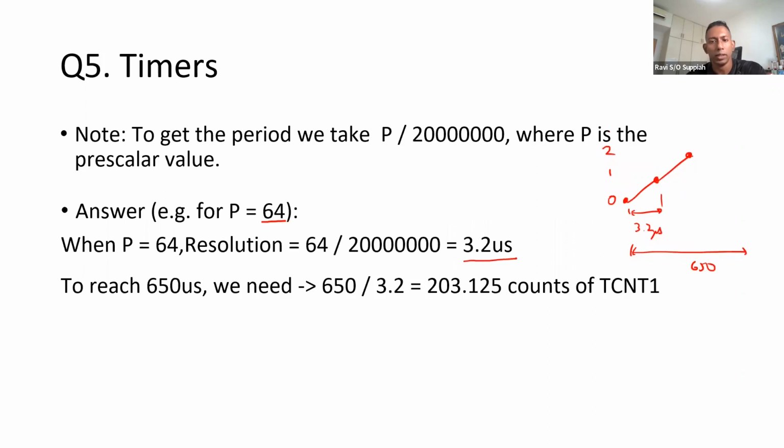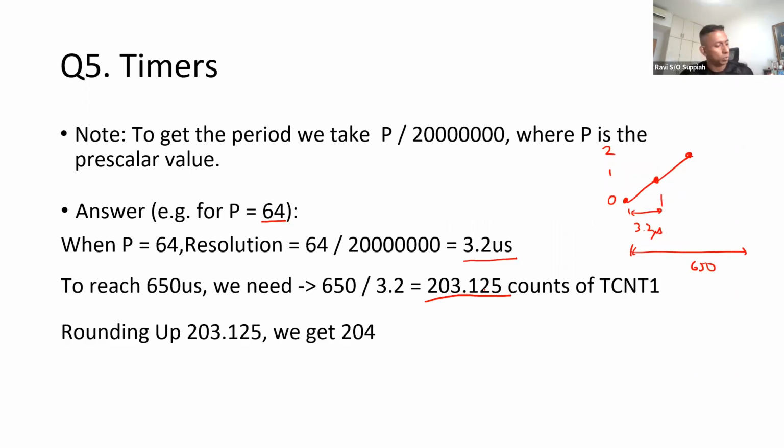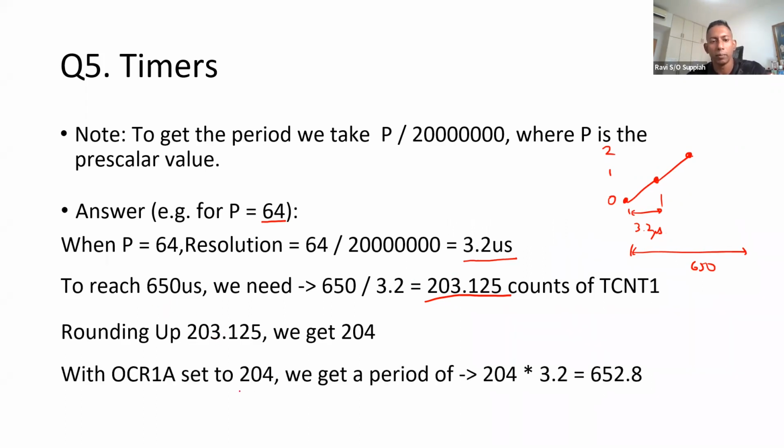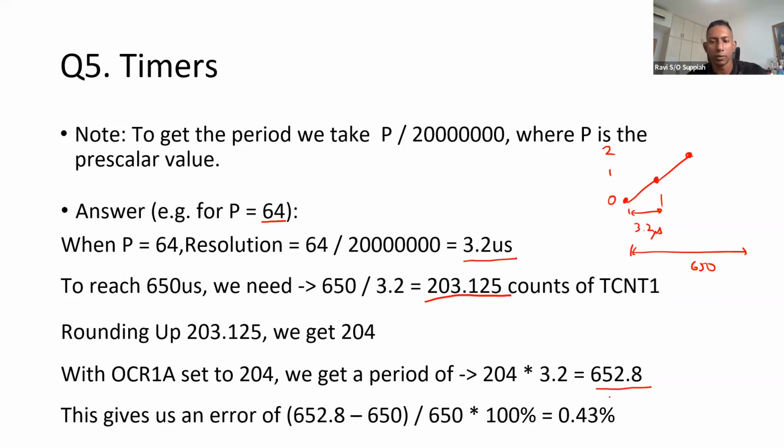So we take 203.125 and round up to 204. By hitting a count of 204, we achieve slightly over 650 microseconds. When you set OCR1A to 204, you get 652.8 microseconds, which is slightly above. That gives us an error of 0.43%.